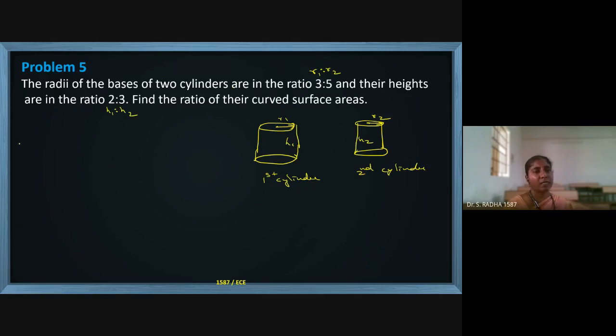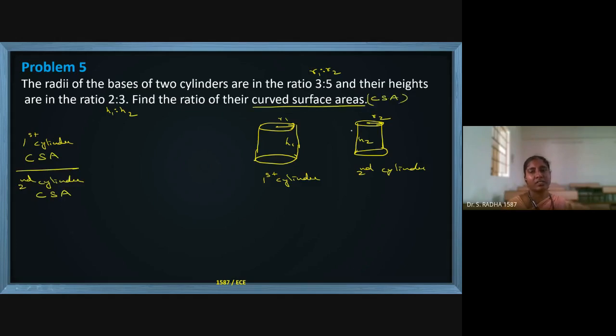Okay, so first cylinder curved surface area divided by second cylinder curved surface area. They are asking curved surface areas.